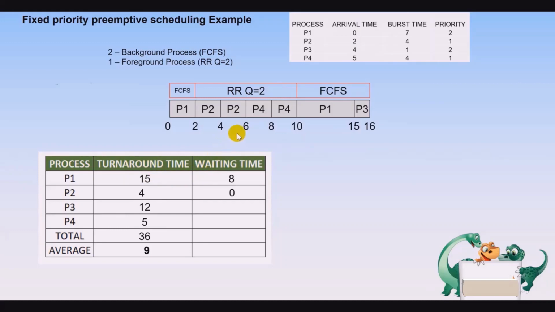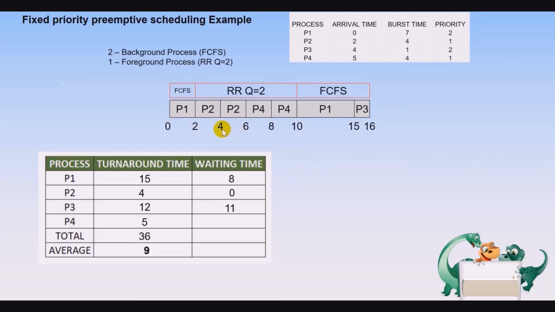Process 3, from the Gantt chart, waited until 15 milliseconds, but it came late at 4, so that's 15 minus 4, which is 11 for process 3. For process 4, again from the Gantt chart, process 4 waited until 6 milliseconds.